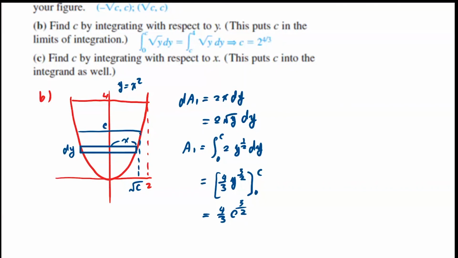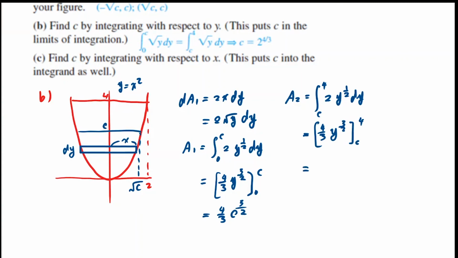Questions? Okay, then A2. We can recycle this work. So A2 will be just from C to 4 of the same integrand, eh? So recycling our work, we'll have 4/3 y to the 3/2 from C to 4.